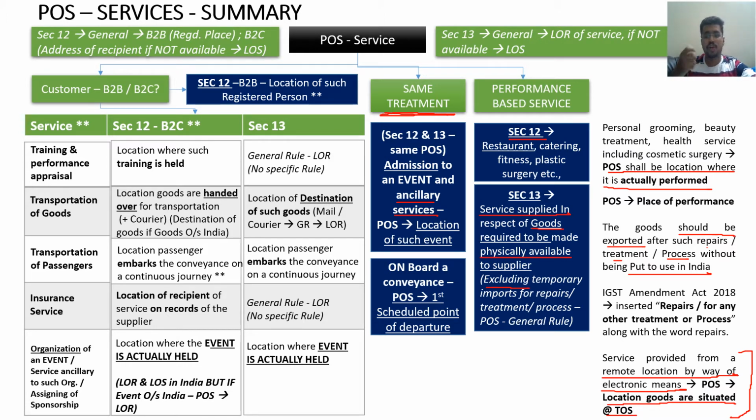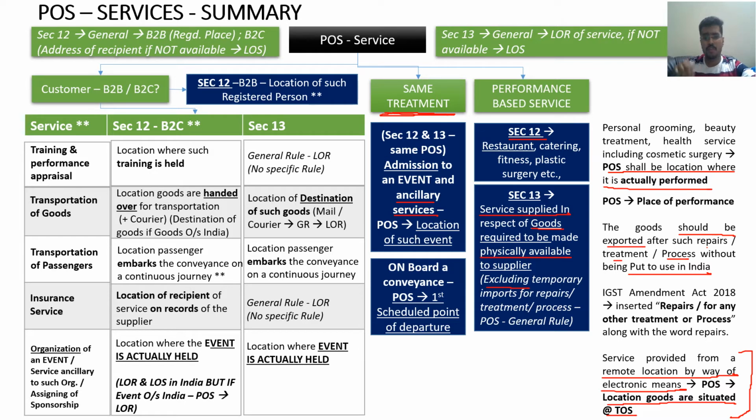If by way of electronic means he is providing a service on goods, then the place of supply will be the location of the goods, where they are situated at the time of supply. Let's say a software maintenance service is provided by a US party to an Indian customer, right?